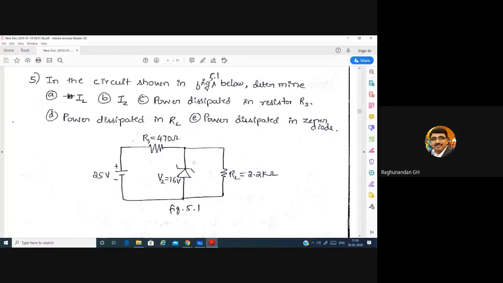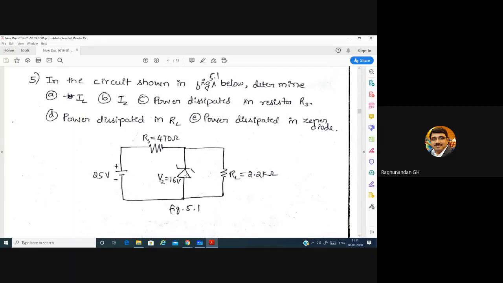That indicates its breakdown voltage. Please remember, it indicates its breakdown voltage. This is not the voltage which is built because of the input. It is the breakdown voltage which is already pre-designed. So this voltage will appear only when it enters the breakdown region, when the input becomes greater than 16 volt, in reverse bias condition.